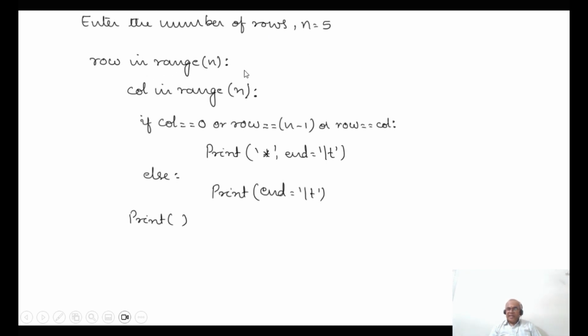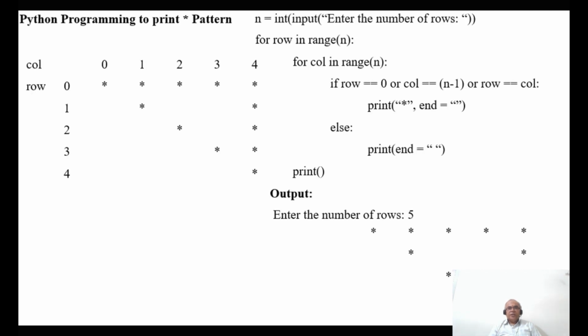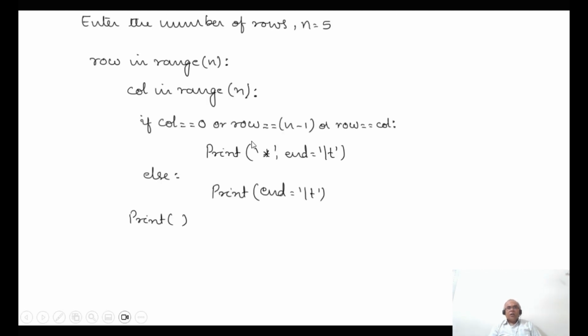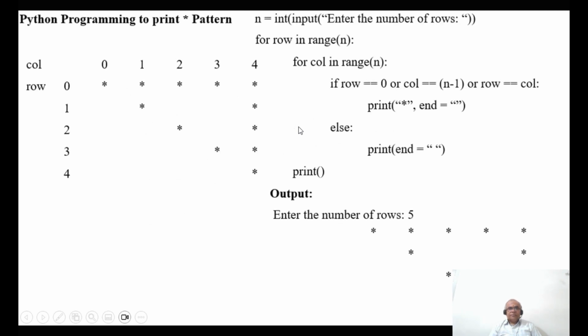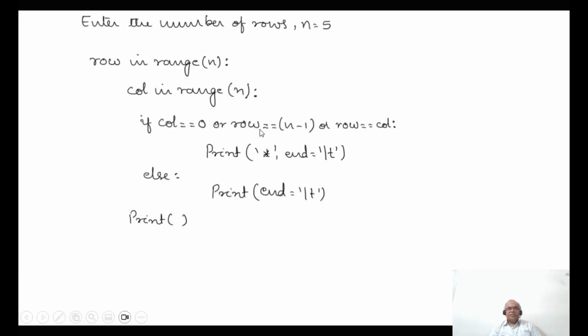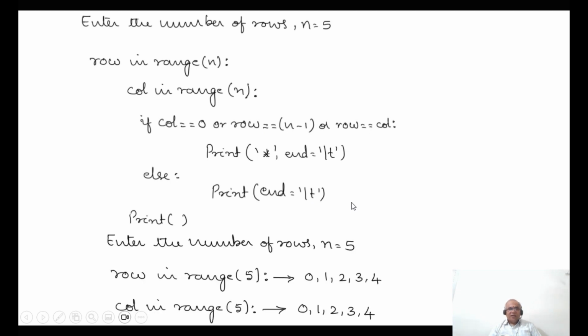For row in range n, for column in range n, then if row should be equal to 0, or column is equal to n minus 1, or row is equal to column, print star, otherwise print space, with end equal to backslash t.